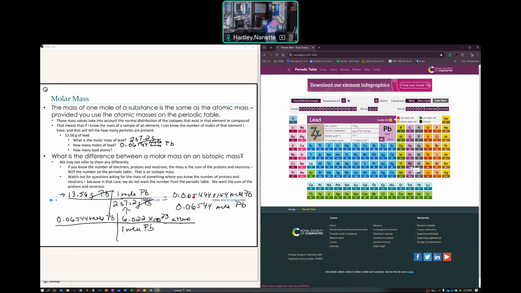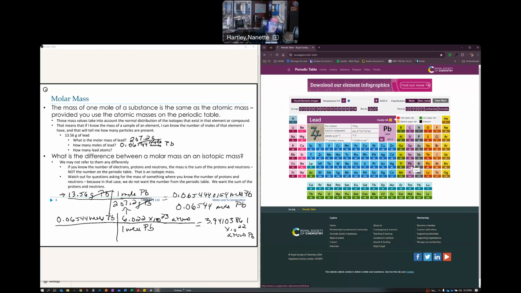And then I should multiply that by times 6.022 EE 23. And that would give me 3.94103861 times 10 to the 22nd atoms of Pb.